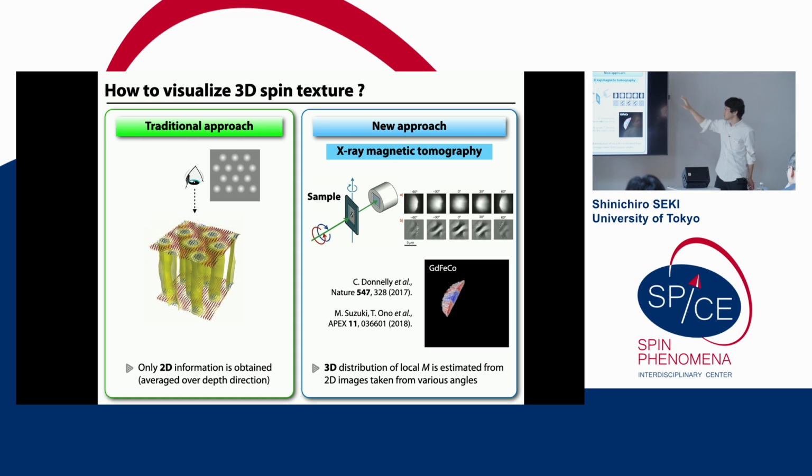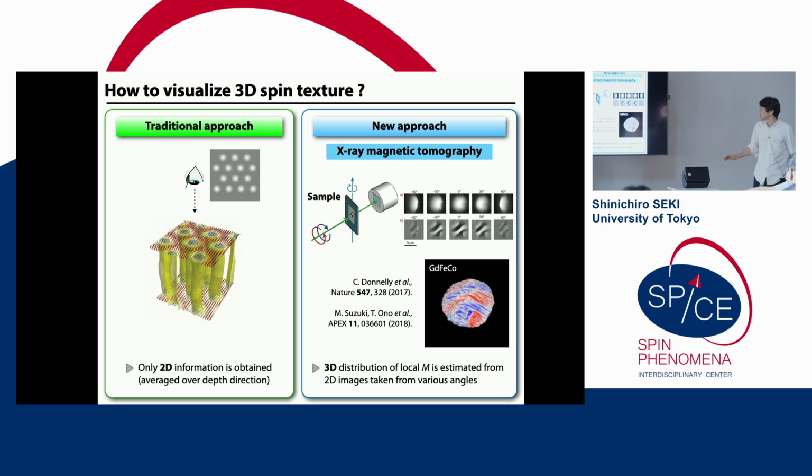This tomography technique is frequently used for CT scans of the human body. Later in this conference, there will be a much more detailed explanation about this measurement technique. But basically, in this technique, two-dimensional transmission images are taken from various different angles. Then we can reconstruct the three-dimensional distribution of the local magnetization.